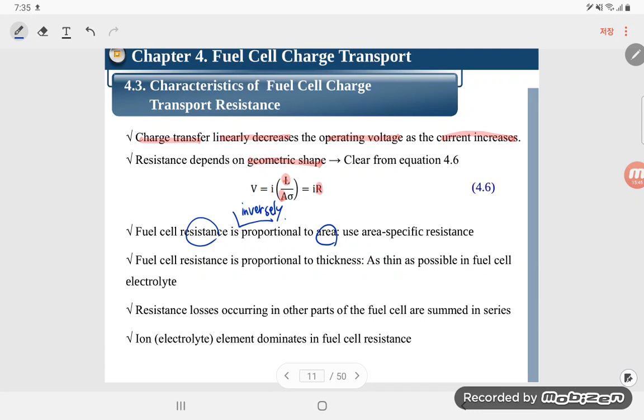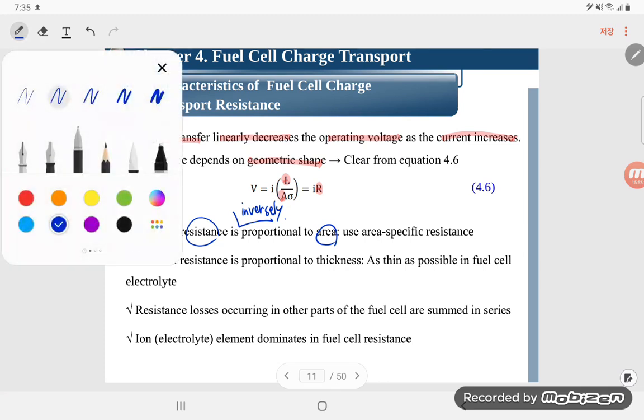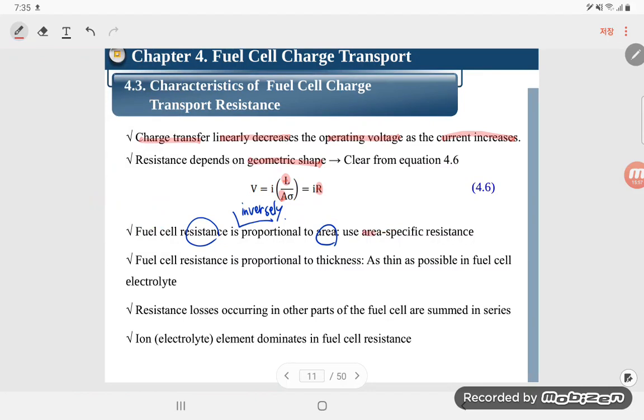So that is why we should use the area specific resistance, whose value is independent of the area of the membrane, right? We will talk about that later. And fuel cell resistance is inversely proportional to the area and proportional to the thickness, so as thin as possible in the fuel cell electrolyte. That is why we should use a thinner membrane.